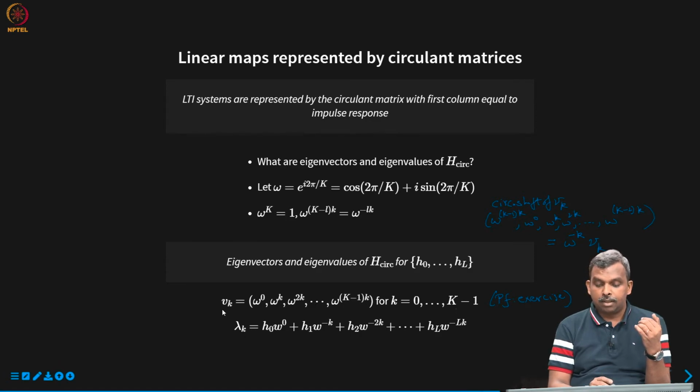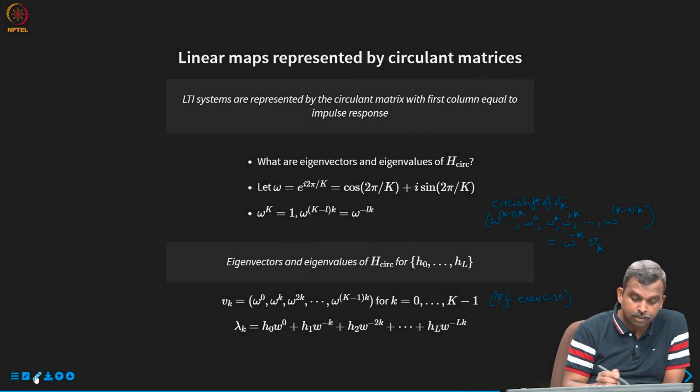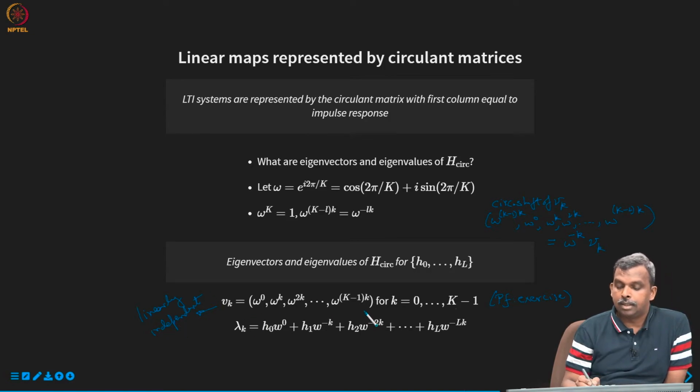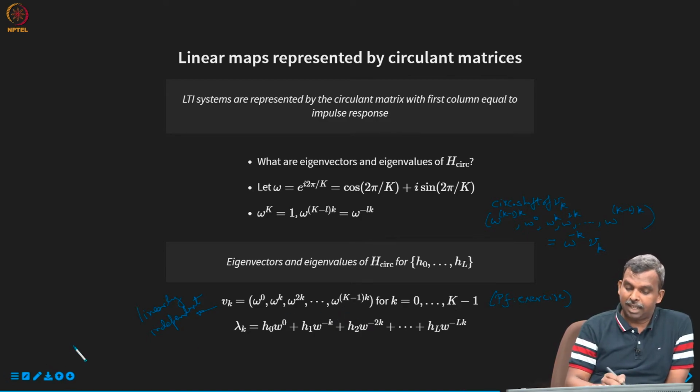So notice these Vk in fact are linearly independent. Okay, you can show that these are linearly independent. So this is also very important. This proof may not be too easy, but you can do it. Again that's also an exercise.